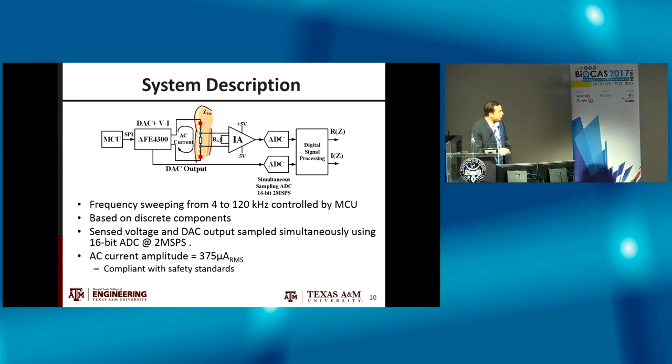This is followed by digital signal processing to get the real and the imaginary part of the bioimpedance. The bioimpedance is the amplitude of the sensed signal, so we need amplitude demodulation. So we need the carrier signal from the DAC, which is simultaneously sampled by the second channel of the ADC, and is then fed to the digital signal processing for synchronous demodulation.